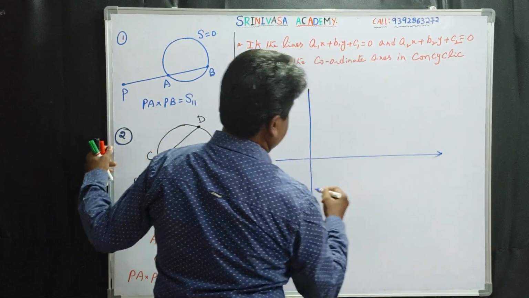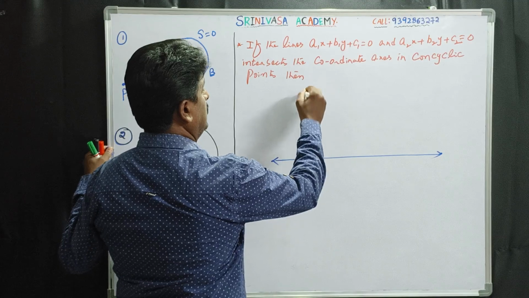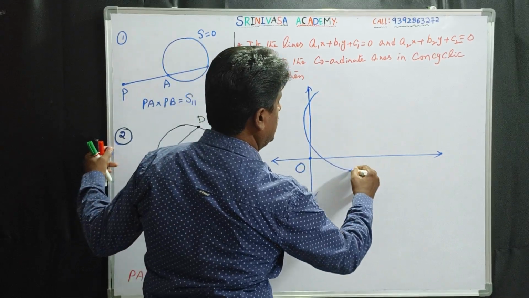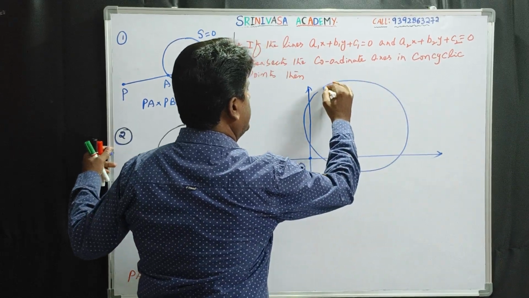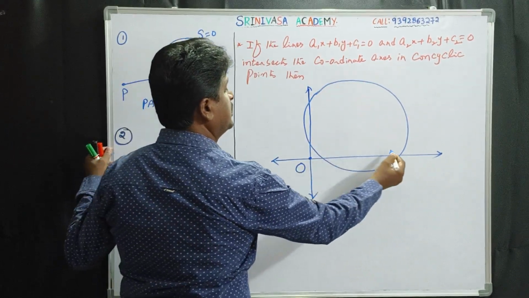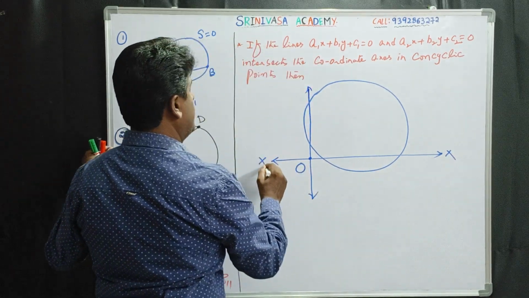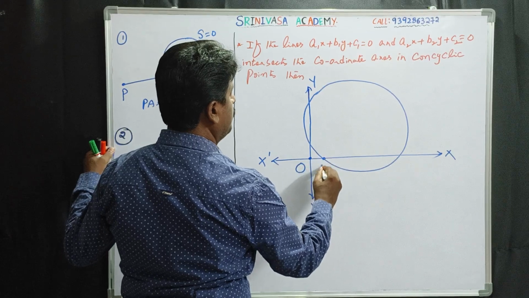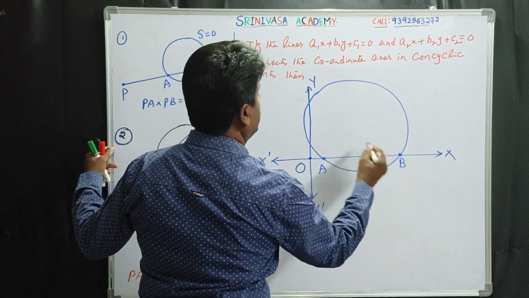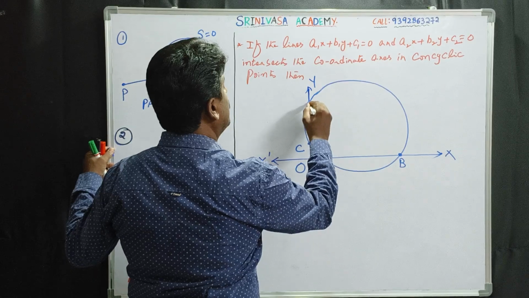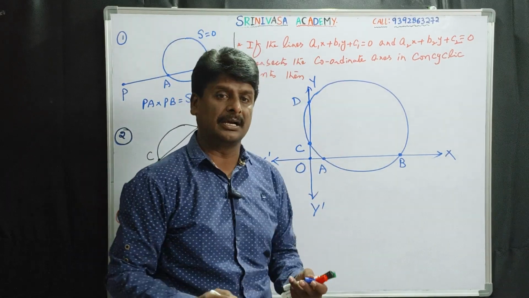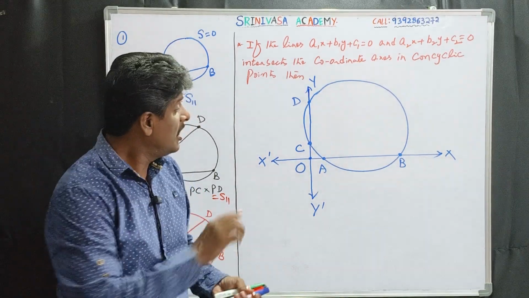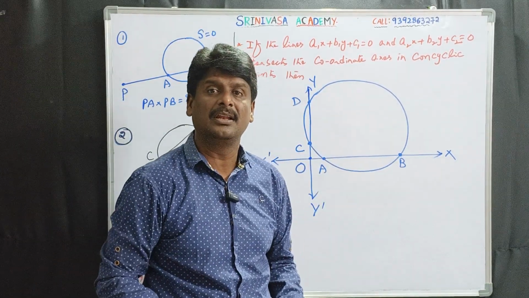This is a coordinate system, the origin. This is a circle intersecting the coordinate axes in 2 distinct points on the x-axis and 2 distinct points on the y-axis. Total there are 4 points. Do observe that these 4 points A, B, C and D are concyclic, lying on the same circle.